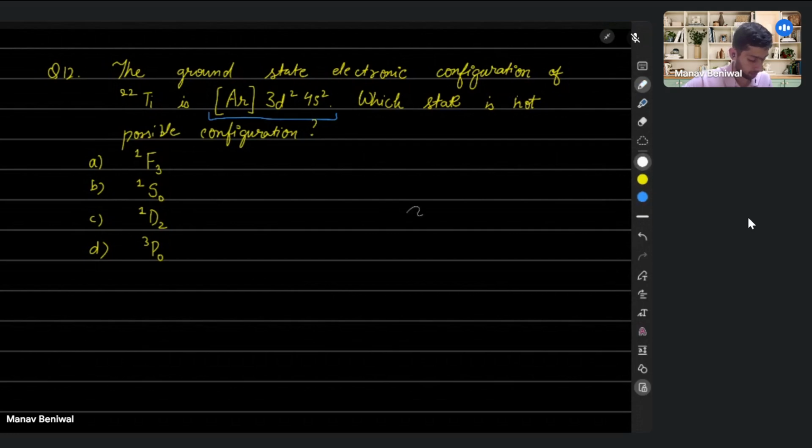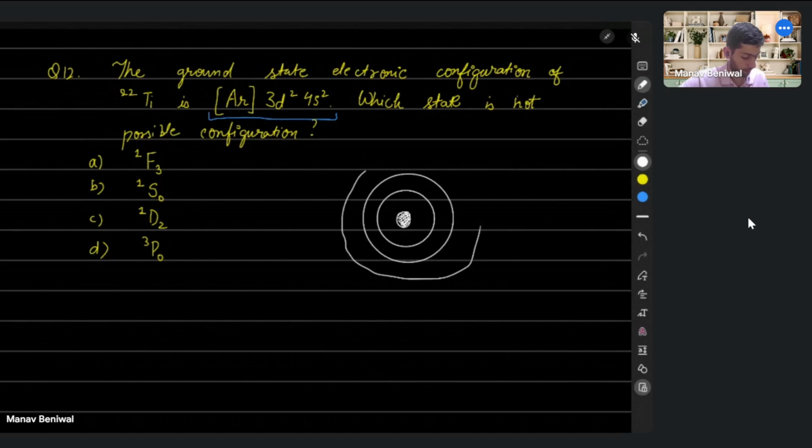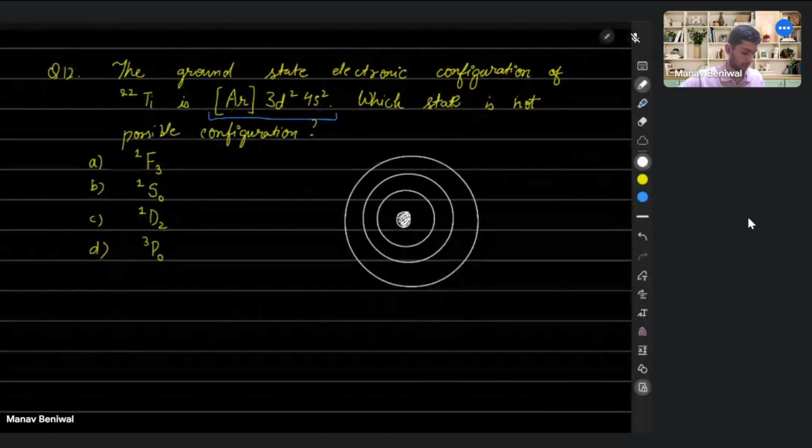If I draw this titanium, with this as your nucleus, let's draw n equals 1, 2, 3. You'll have 2 electrons here, so this is n equals 1, and then 8 in the next one, so 2s2 and 2p6.